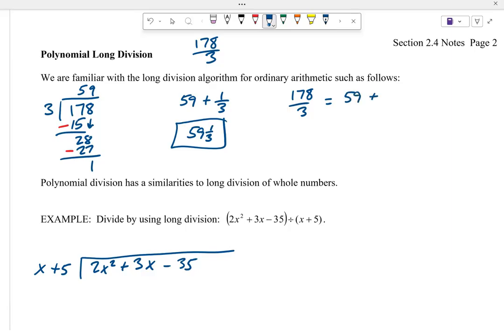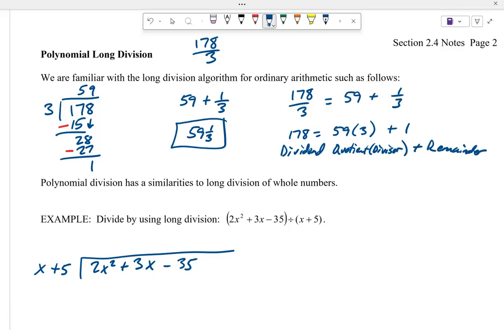In other words, if I multiply everything by 3, I have 59 times 3 plus 1. So this dividend is the quotient times the divisor plus the remainder.